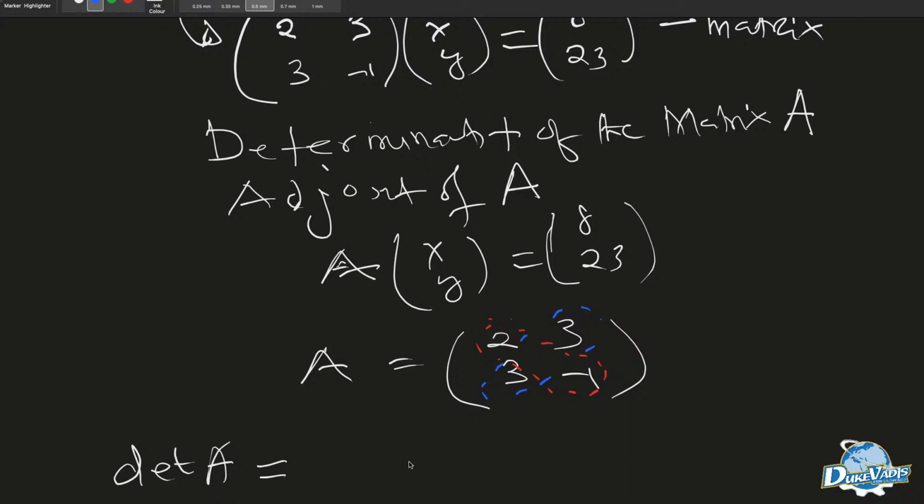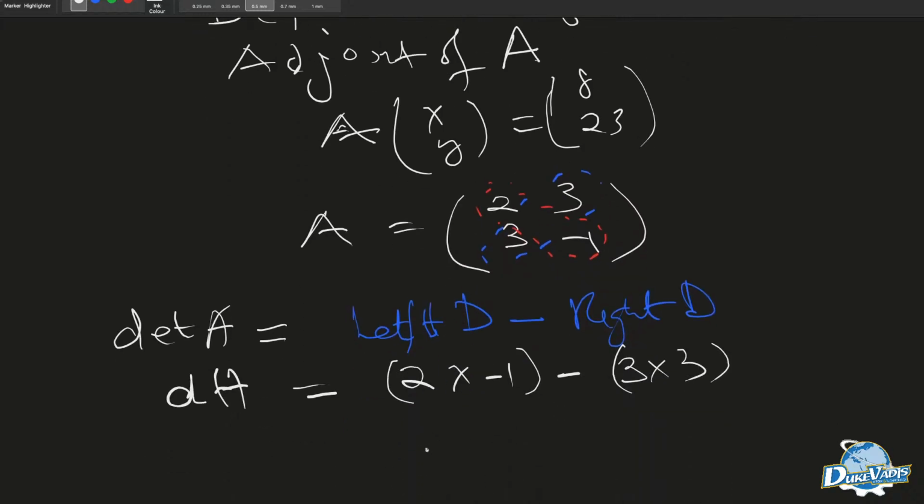So left diagonal minus right diagonal. Now the determinant is going to be 2 multiplying -1 minus 3 multiplied by 3.